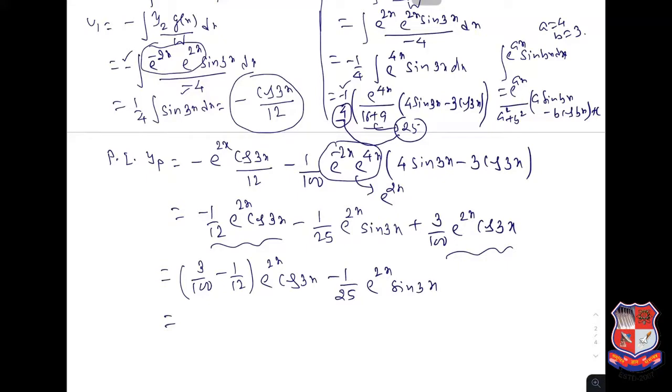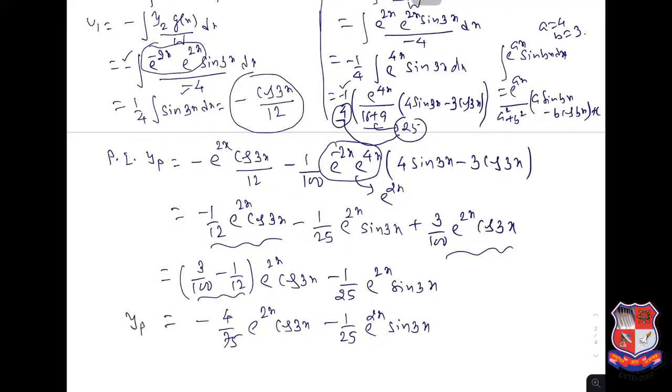You will get that as minus 4/75. This you can simplify. E power 2x cosine 3x minus 1/25 e power 2x sine 3x.